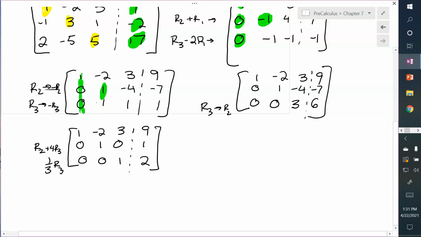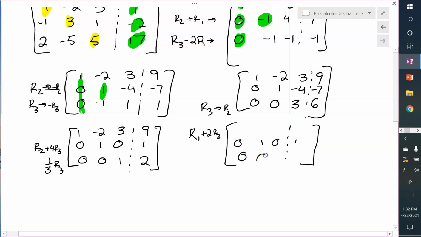All right, let's take care of that -2. So I'm going to take row 1 and add to row 2. So row 2 is going to stay as it is, 0, 1, 0, 1.